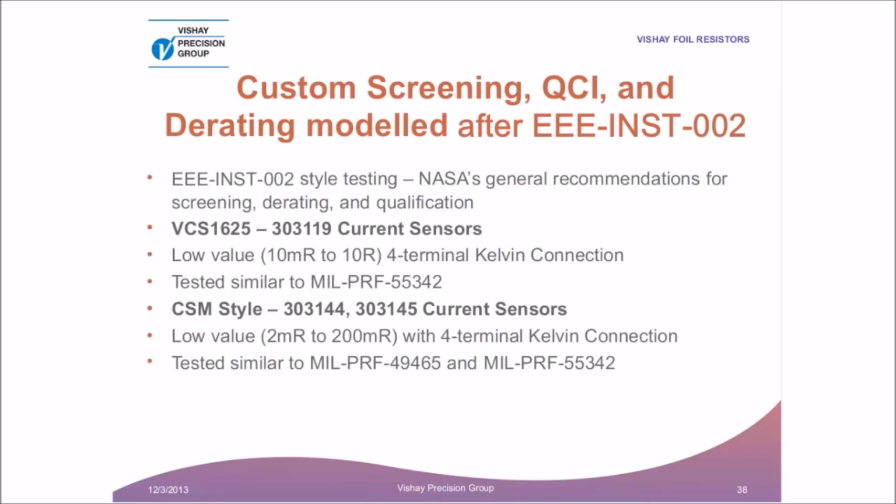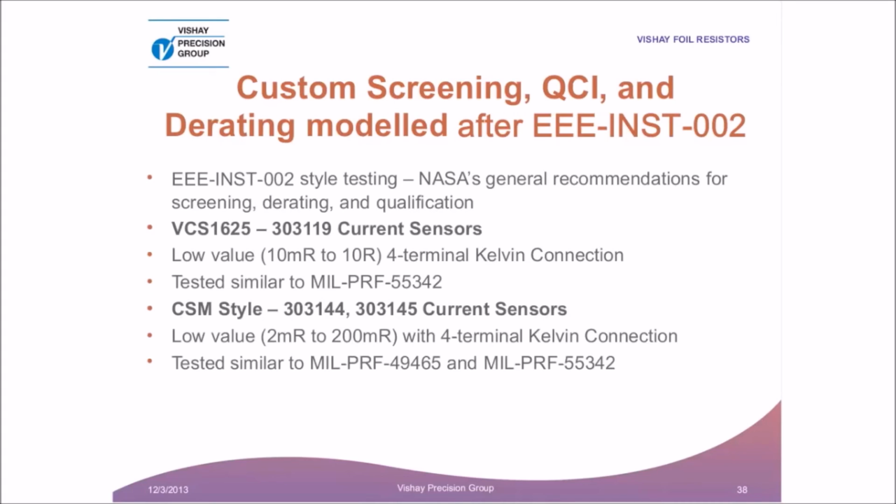Okay. We offer precision current sense resistors with custom screening, QCI, and derating, modeled after EEE and MIL specifications. For example, our VCS 1625 is available as the 303119 current sense resistor in a value range 10 milliohms to 10 ohms, and is tested to MIL PRF 55342.